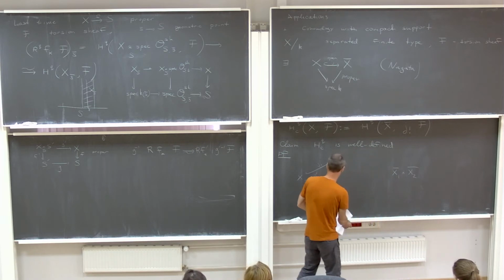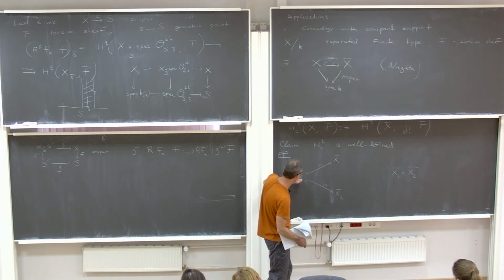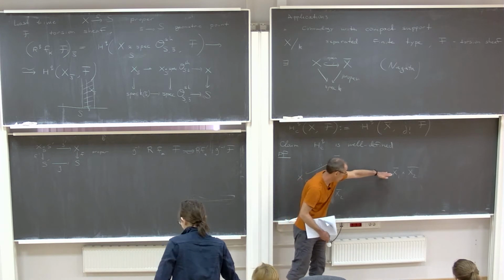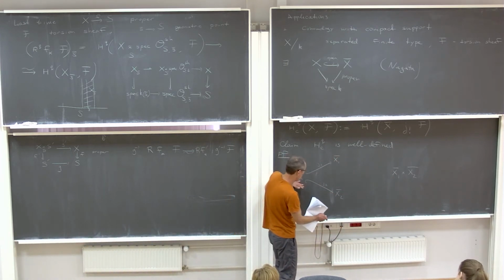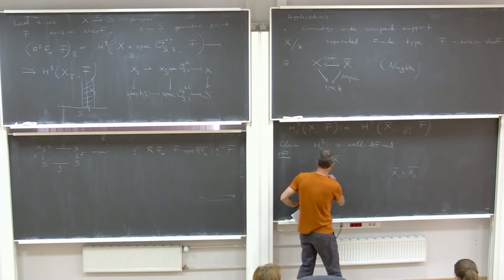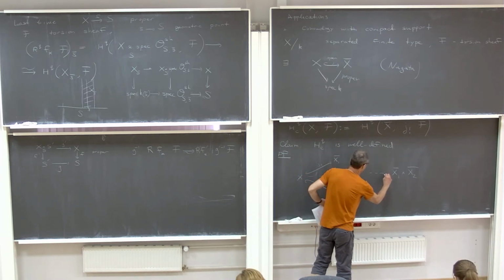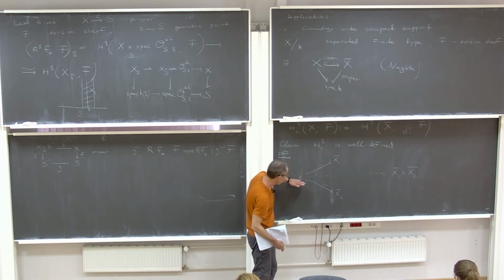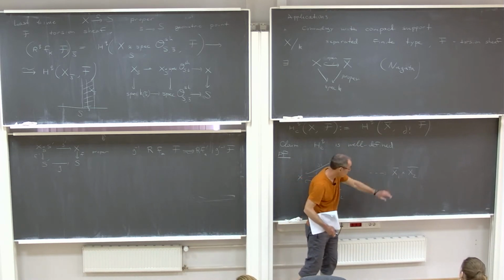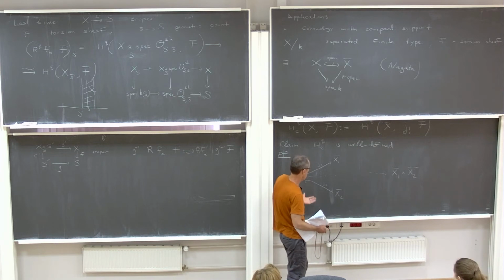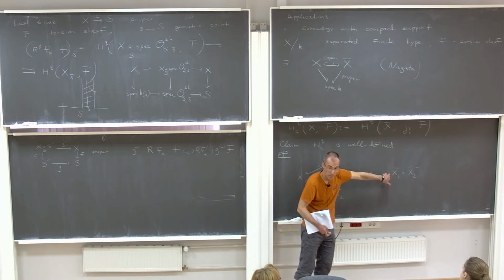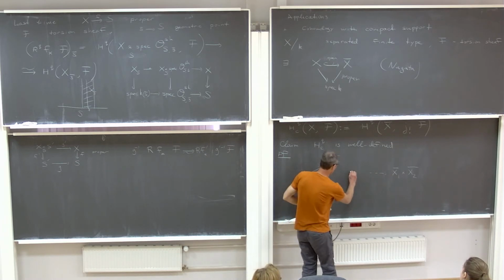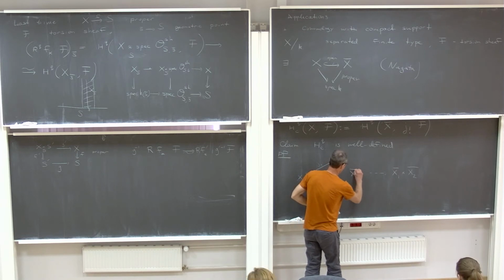And then I have a diagonal map from X to this, right? And I have this arrow. The image here is not open, but what I can do is take the closure of X here. And let's call this closure X3 bar, right?